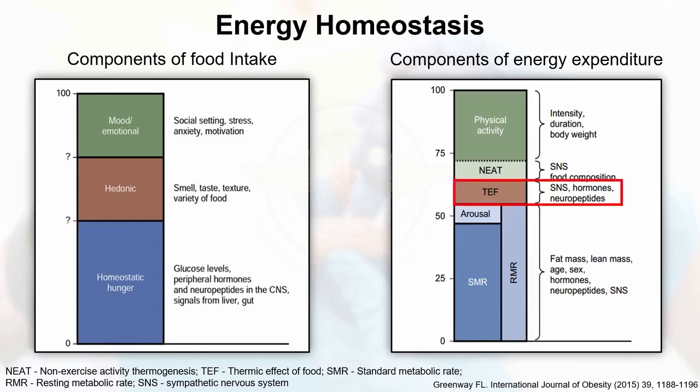Now coming to TEF, this is again thermic effect of food. So what is TEF? These are the calories that we spend to digest food. So this is known as thermic effect of food. Now coming to NEAT. This is again very interesting, non-exercise activity thermogenesis. Now what does this mean?